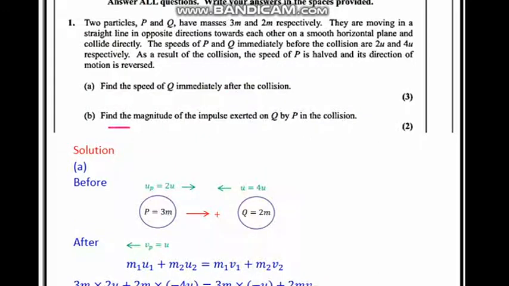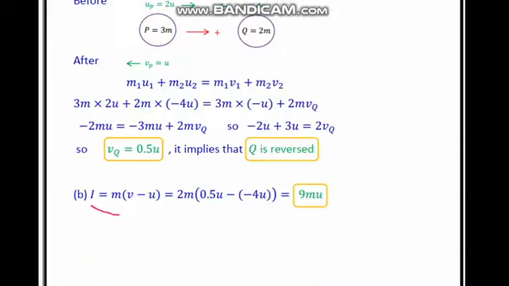Part B, find the magnitude of the impulse exerted on Q by P. Impulse rule: I equals m multiplied by v minus u, v the velocity after minus u the velocity before. So m will be 2m, the mass of Q, multiplied by the velocity after which is half u minus the velocity before, negative 4u.